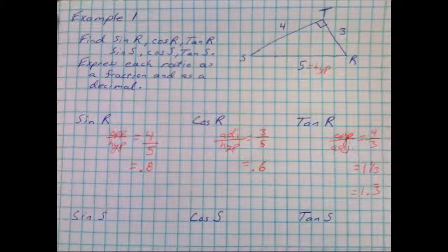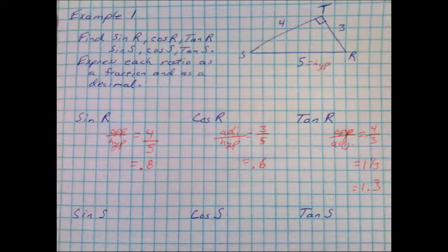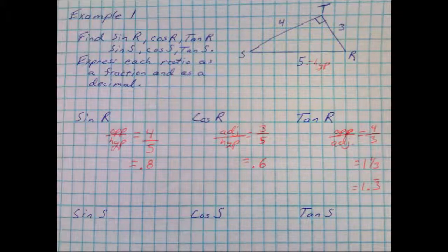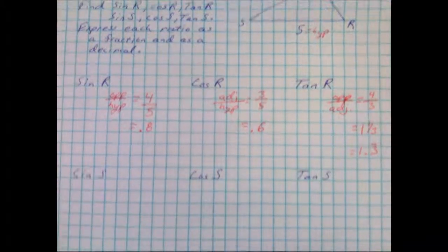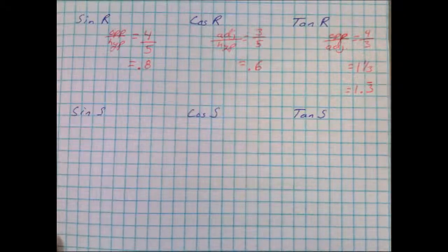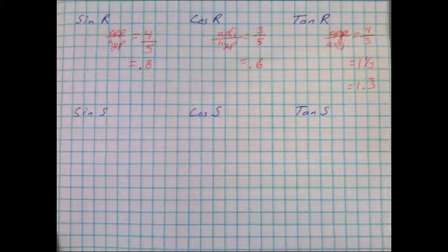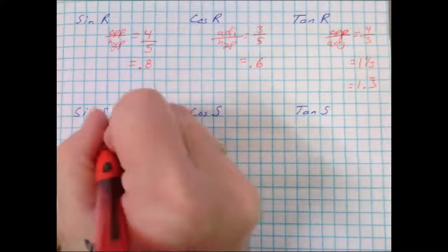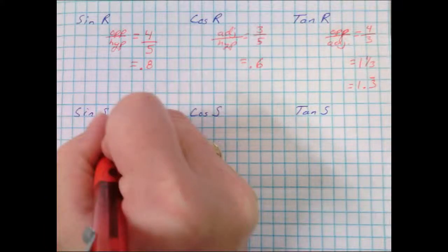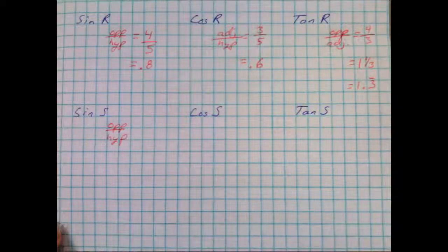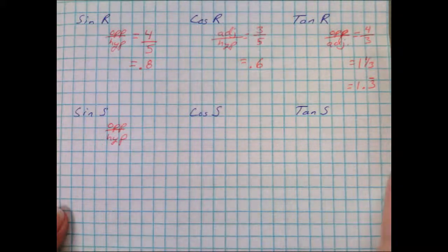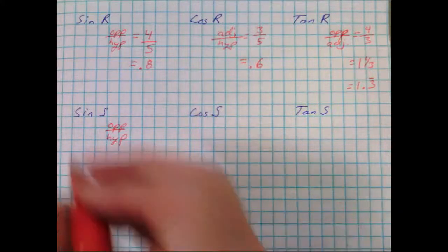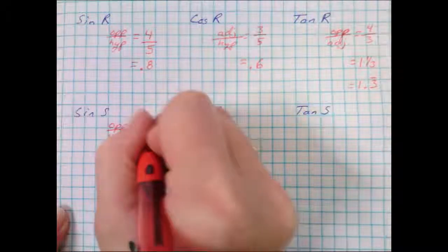Great job with that. Let's go down to sine of S. I'm actually going to slide down so that you can't see the triangle, but you'll be able to see the work here. For sine of S, we're dealing with opposite over hypotenuse again. What are those segments? If you look back up at your triangle, the opposite leg, looking at angle S, would be RT.